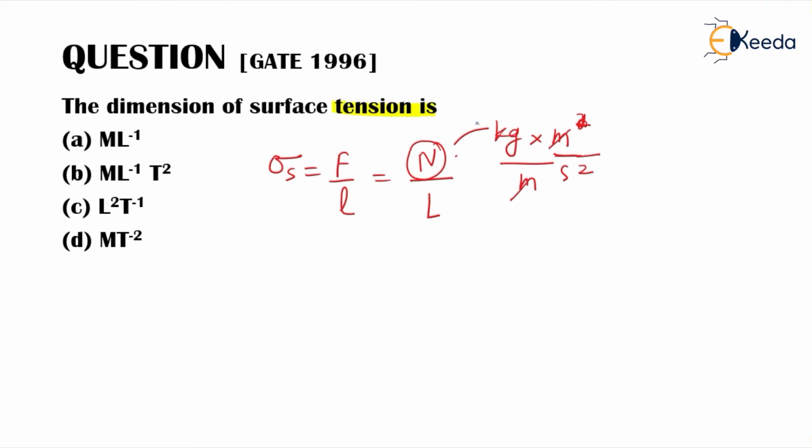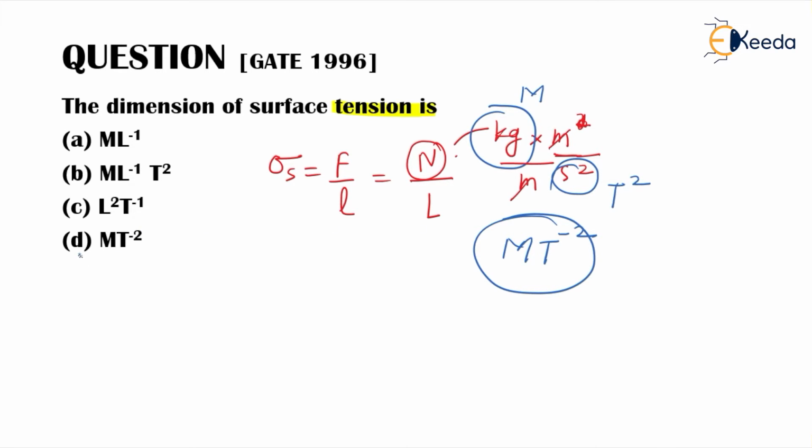Now we will be left with kg, which can be represented by M, and second square can be represented by T square. So MT minus 2 must be the dimension of surface tension. MT minus 2, right?